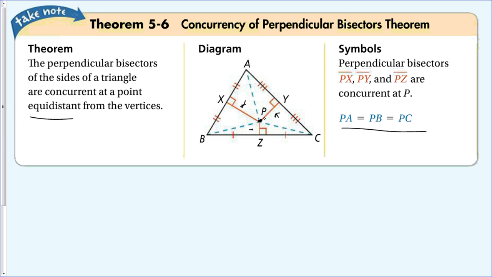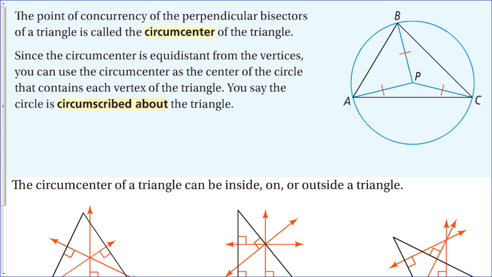And of course P is the point of concurrency, and it is the circumcenter of the triangle. So the point of concurrency of the perpendicular bisectors is the circumcenter. That's this point P right here.